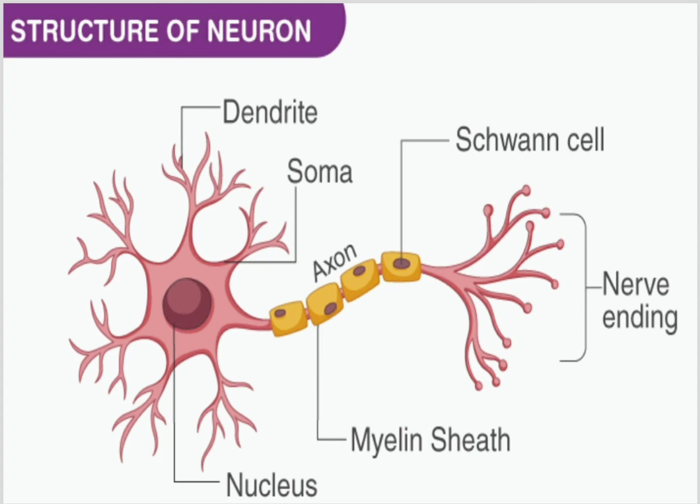Your nerve cells are the largest cells in the human body. You must have learnt in the 8th standard that a cell is very small and you cannot see it with the human eye.